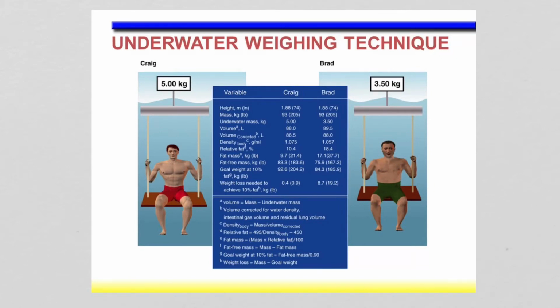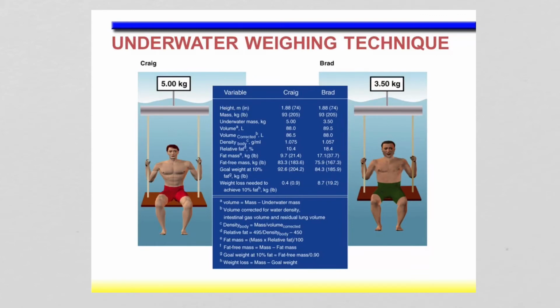So the buoyant force pushing up on Brad is greater than the buoyant force pushing up on Craig, which means, of course, Craig has a smaller volume than Brad does, which means his density is going to be a little bit greater. Craig's density is 1.075, Brad's is 1.057. If we then use the Siri equation, that will get us to a percent fat for Craig of 10.4 and Brad of 18.4. So next, let's take a look at how that calculation is done.